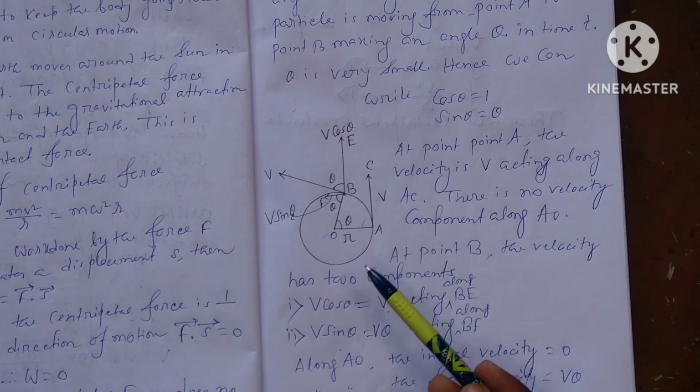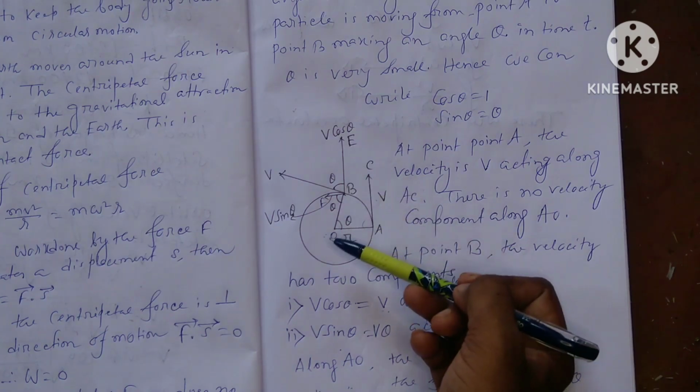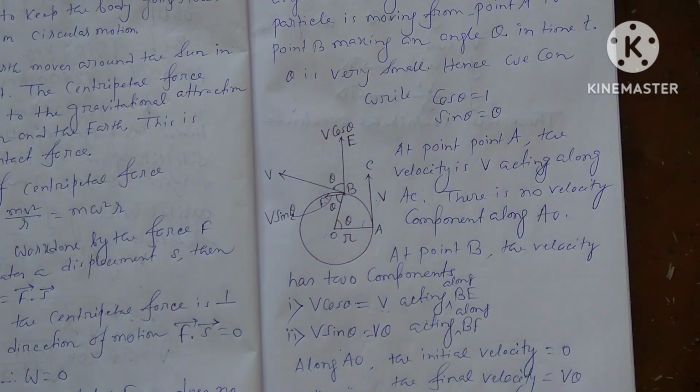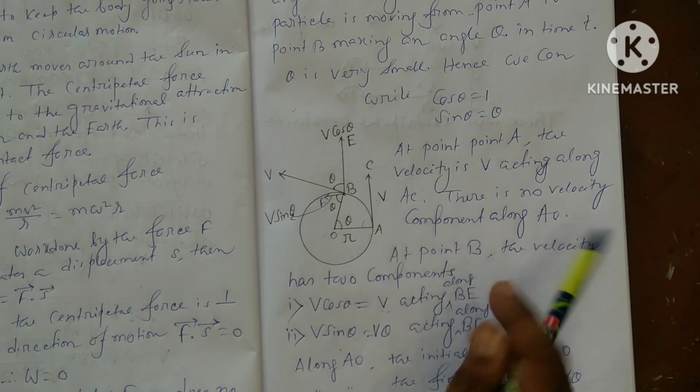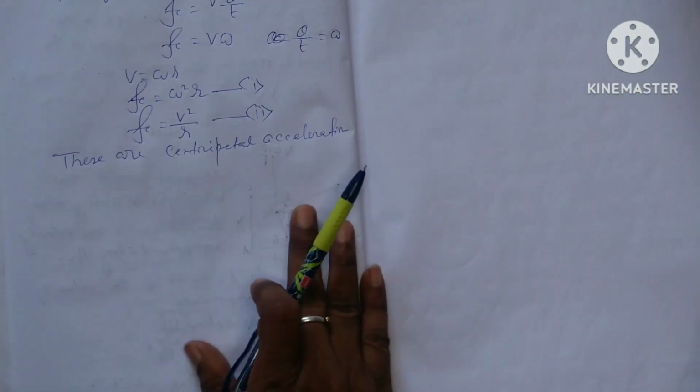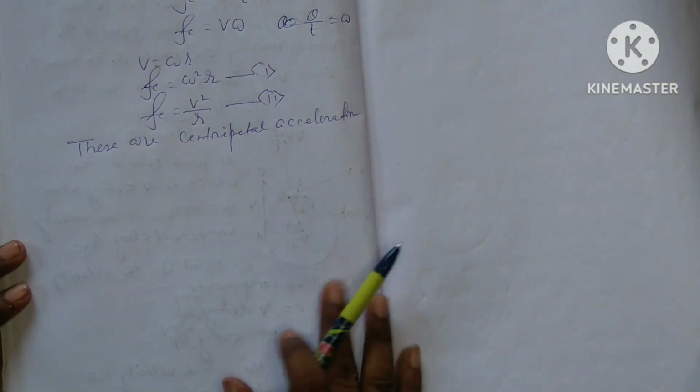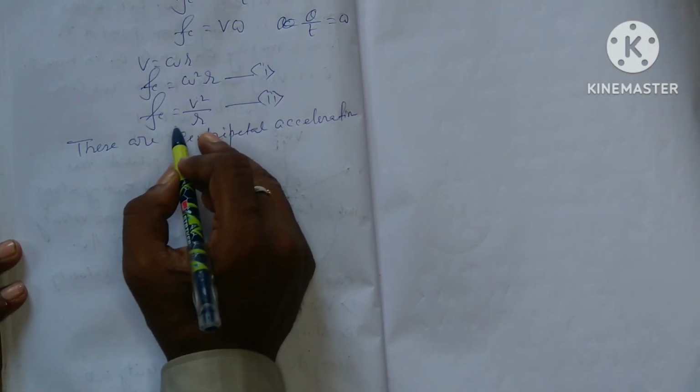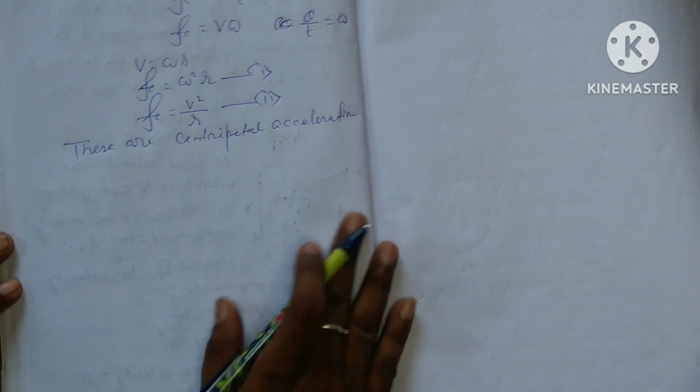There is no change in velocity along AC or BE, so velocity change occurs only along AO. So we get the acceleration along AO, that is omega square r and v square by r.